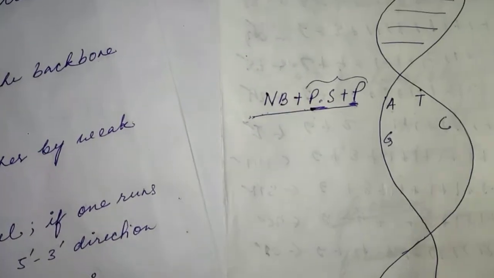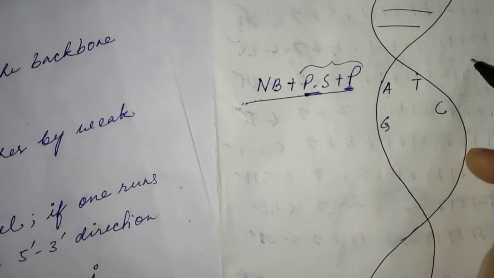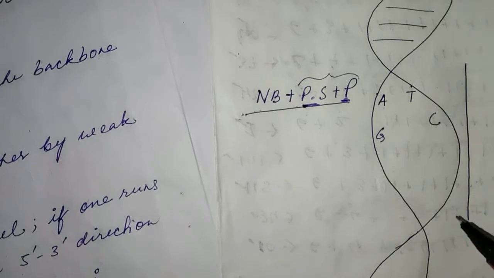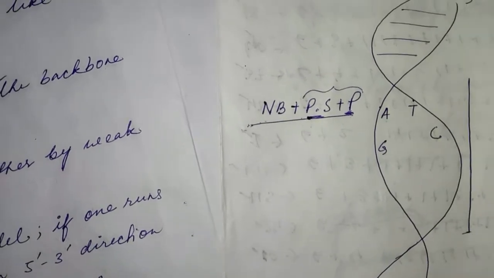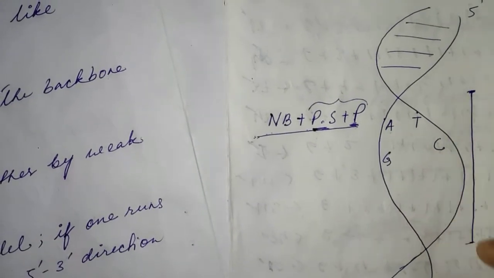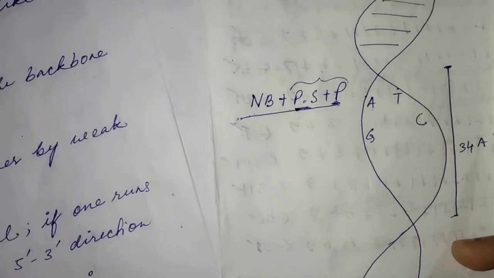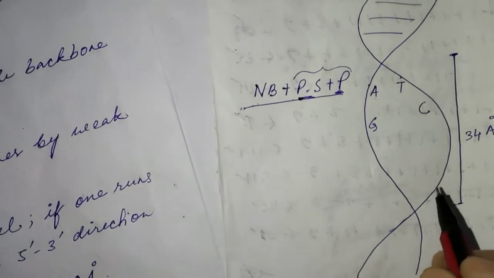Now the measurement of a complete spiral or complete turn till this much, this is 34 angstrom.